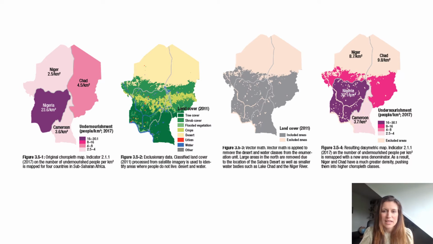Then I omitted land use types where people typically do not live, such as deserts. The gray map then becomes the clipping mask, and values are recalculated based on land areas that were omitted. The final map on the right is an example of a dasymetric map showing the undernourished population normalized by area.